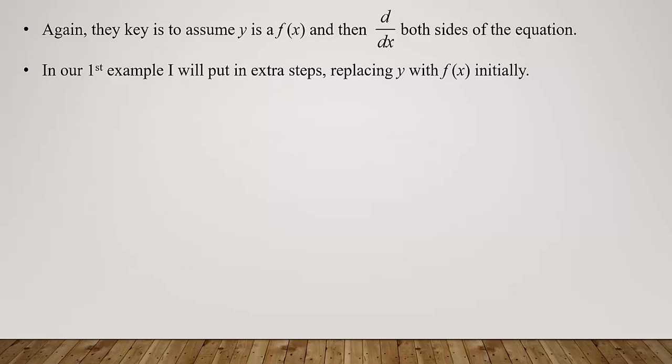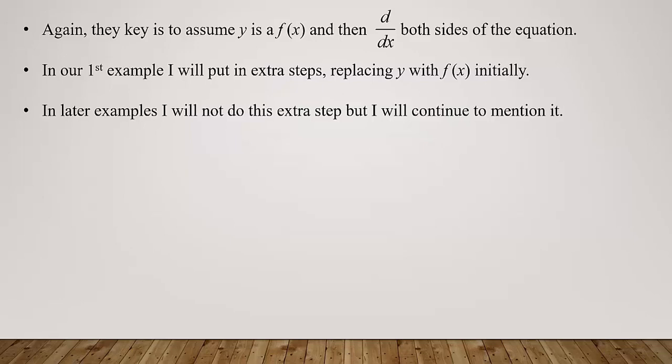These extra steps, I'm going to replace y. Whenever I see a variable y, I'm just going to replace it with f of x. And then in later examples, I am not going to do this extra step. I will continue to mention it. I will continue to verbalize it, but I am not going to do it.